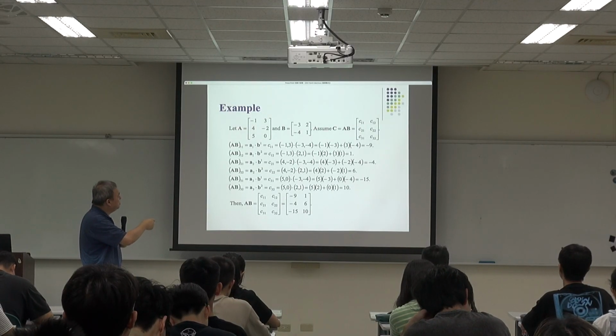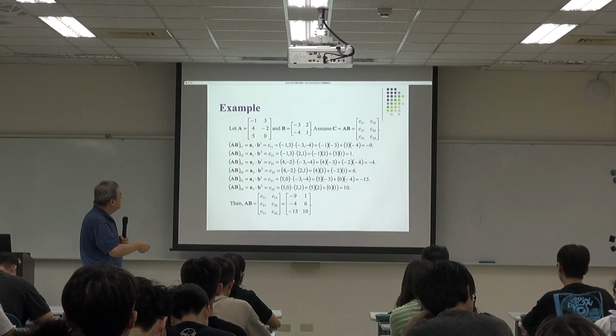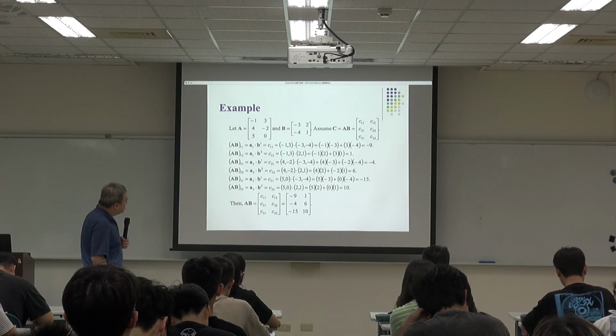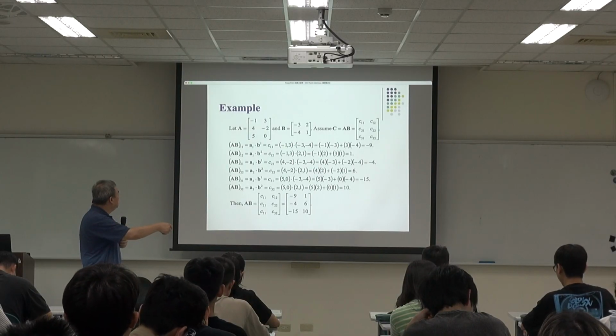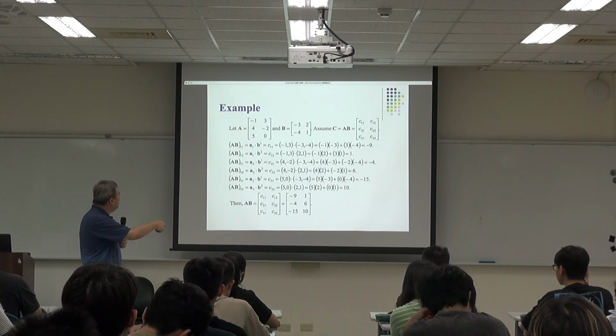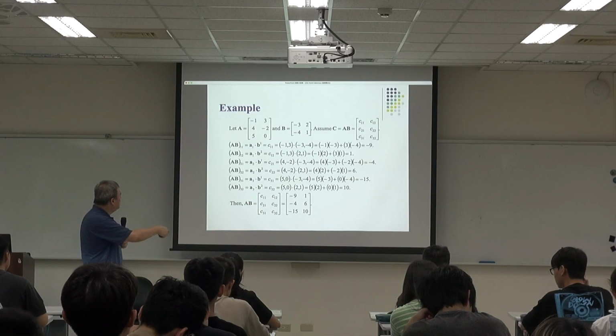The size of C will be 3 by 2: we get the number of rows from the first matrix and the number of columns from the second matrix.